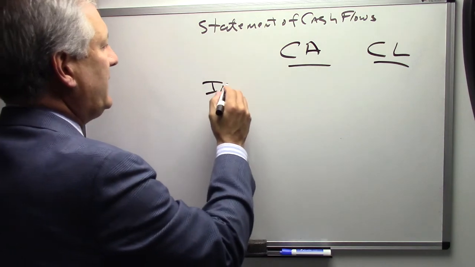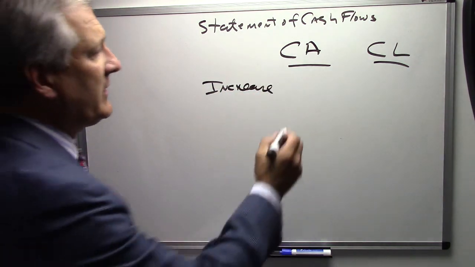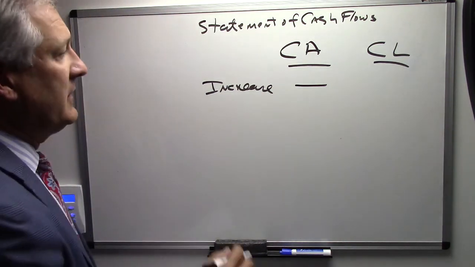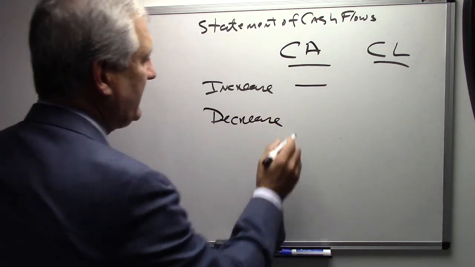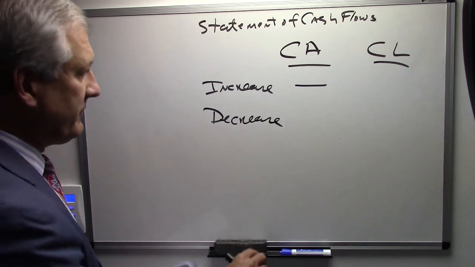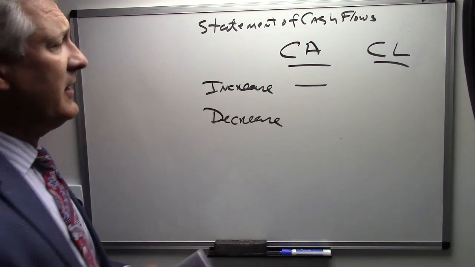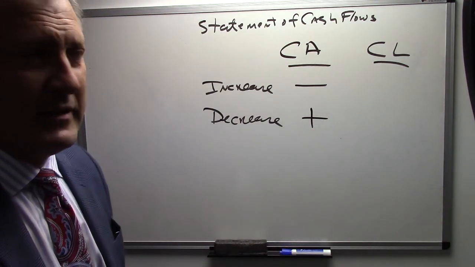And if there was an increase in a current asset, you wanted to subtract the difference from net income. If there was a decrease in current asset, you wanted to add the difference to net income.